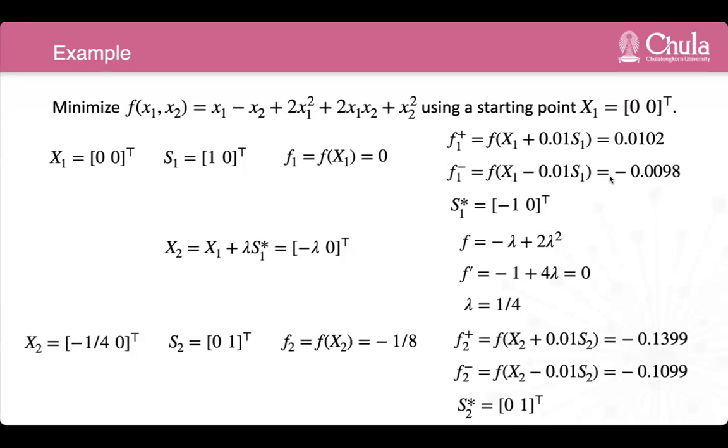For example, in this case, we want to minimize f, and we test on this 1, 0 direction. If we take the positive side, we obtain the objective function as 0.0102. And if we take the negative side, we obtain 0.0098. Which way to go?